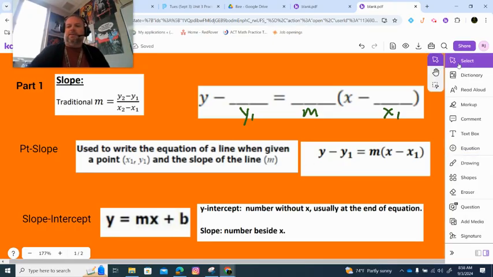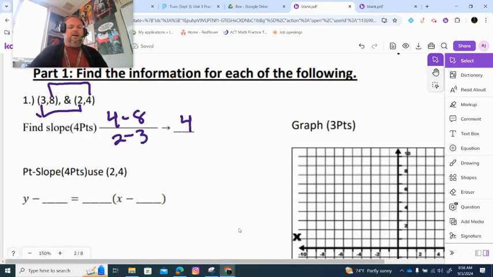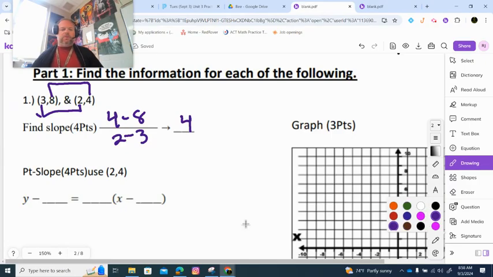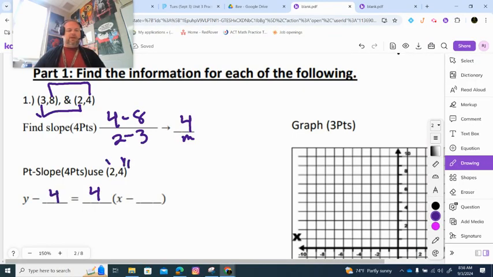That might be a good thing. All right, so I tell you what to use for your x1, y1. So this is your m. This goes here. This is your y1. This goes here. This is your x1. This goes here. 4 points for that. You don't even have to solve anything. You just plug it in.